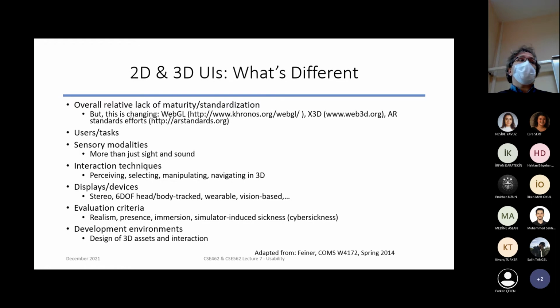Like, is this person someone who has been in a tank before or not? Whatever the past experience, you cannot control a lot of these things easily. So parameters are much more than in a 2D case, and you have to be very careful with this.